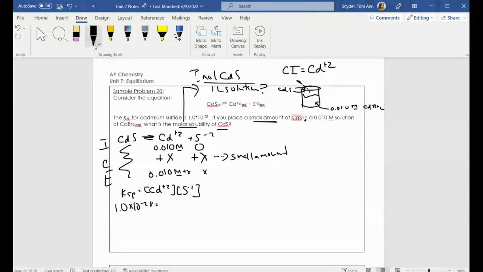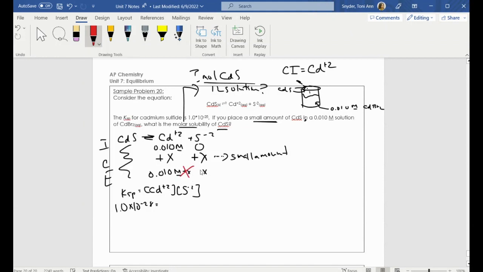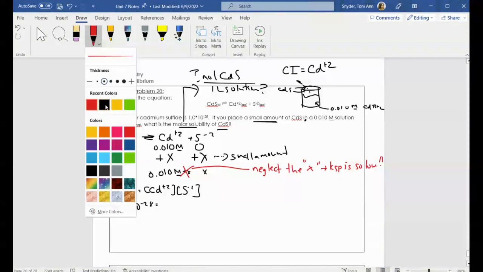So what we can do is what's known as neglect the X. So I'm going to take this and just get rid of that plus X part. So I'm going to say neglect the X, and that's because the value for Ksp is so low. So we don't even have to consider that in our expression.